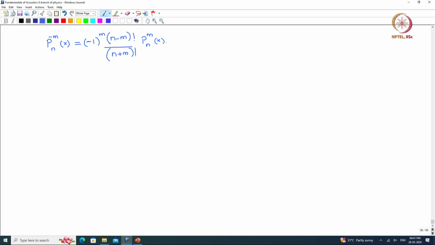And then, given the Legendre polynomial orthogonality, what is the P m n function orthogonality?